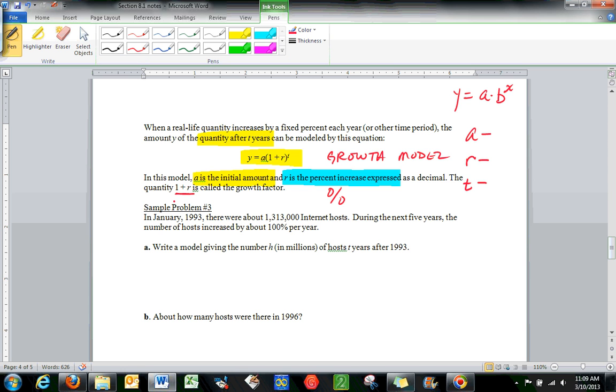Now, if we look at just the inside part of the equation, we have 1 plus R, and that's called the growth factor. Now, that's a very important term for you to know. What that's going to tell you is exactly what rate, what factor that your original amount is going to grow by. And so we'll discuss that quite a bit more in class from time to time. But as with any particular exponential growth function, what's generally missing in the value is the exponent.